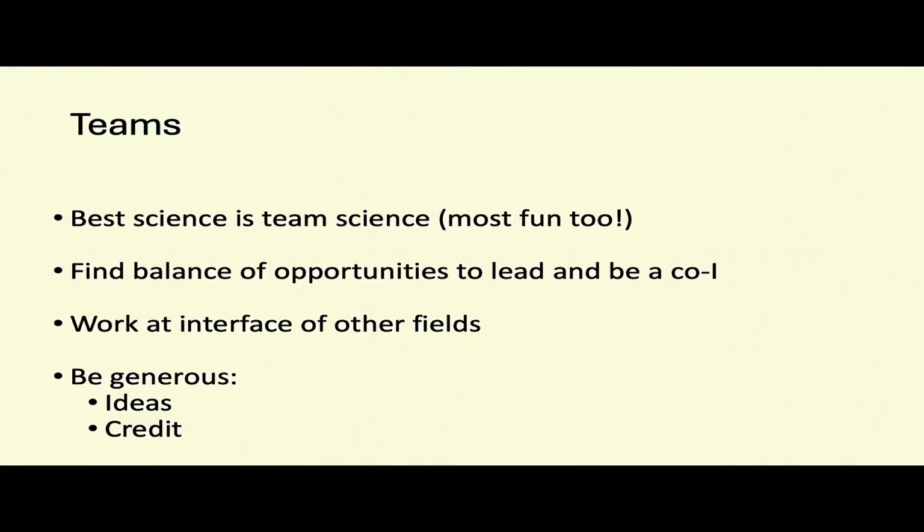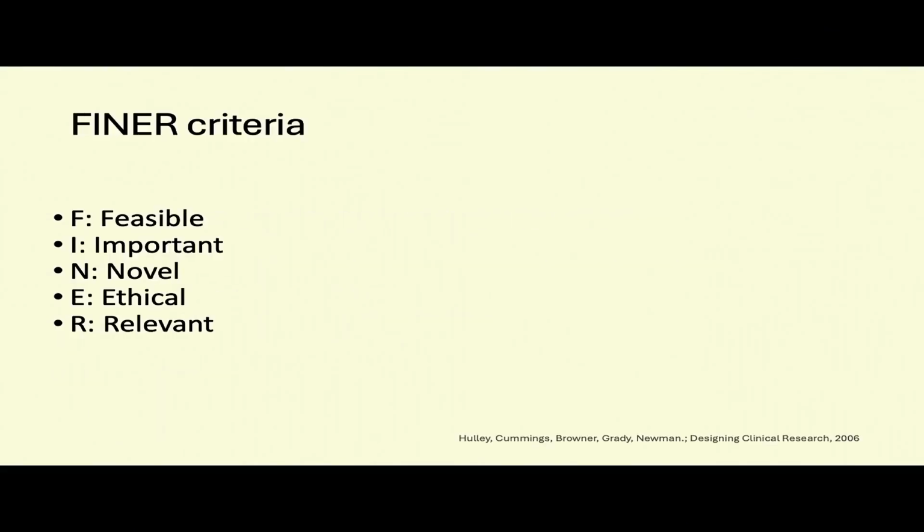So as you think specifically about a particular study and whether it would be worth doing, this is a criteria that's been proposed, the FINER criteria. So feasibility, important, novel, ethical, and relevant.